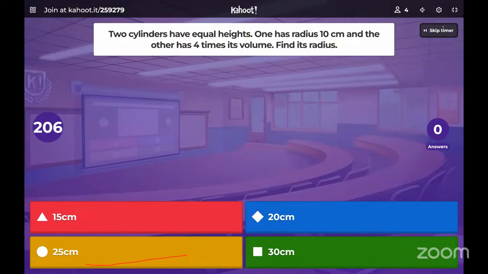So here, using the volume equations of a cylinder, you're comparing two. One has 10 centimeter as radius with a certain volume, whereas the other has 4 times its volume, but you want to find the radius.